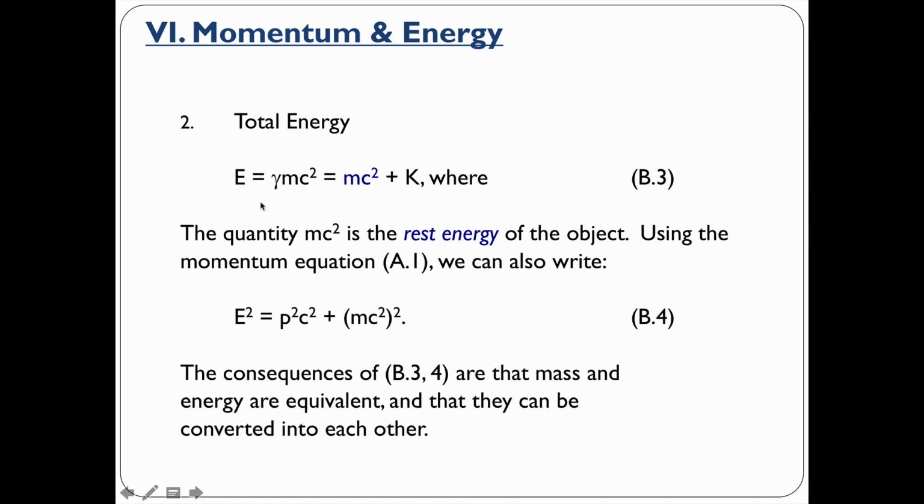The total energy is going to be the kinetic energy plus what some people call the rest energy. So it's gamma times mc squared, which is mc squared plus that K. So there's an energy that's due to motion, and then there's an energy that's due to the mass of the object. Sometimes we write this as the relativistic mass.